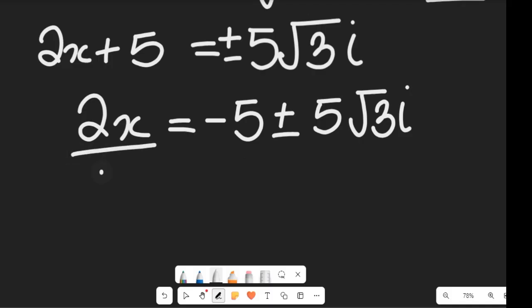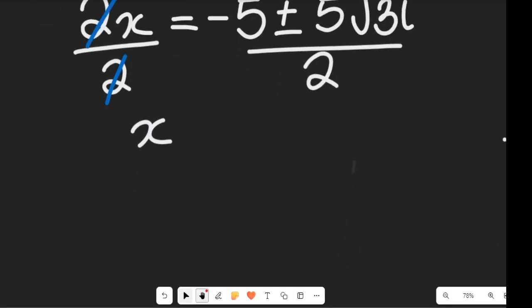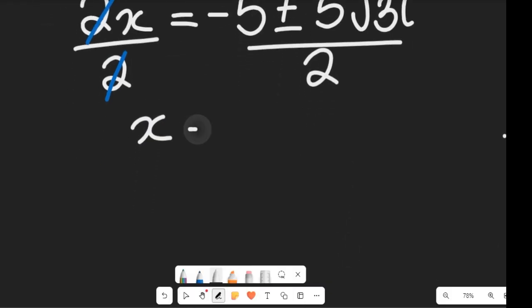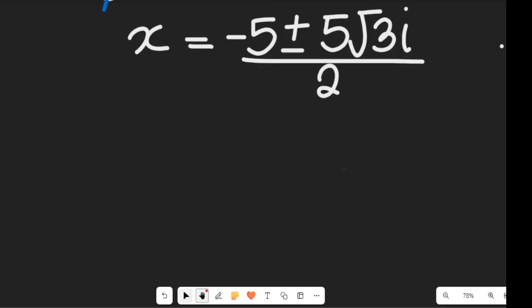So if we divide both sides by 2, we're simply going to get the value of x. 2 cancels out 2, and then the value of our x will be equal to negative 5 plus or minus 5 root 3j, divided by 2. Now, having gotten that, this is going to be the expression for the value of x.